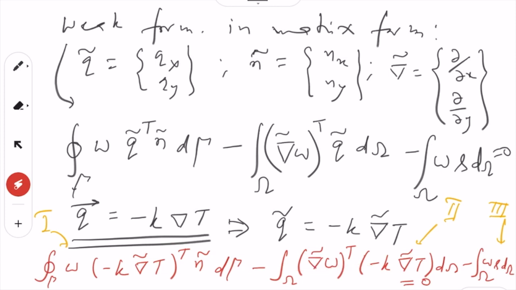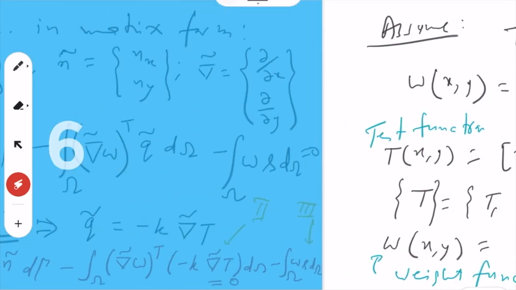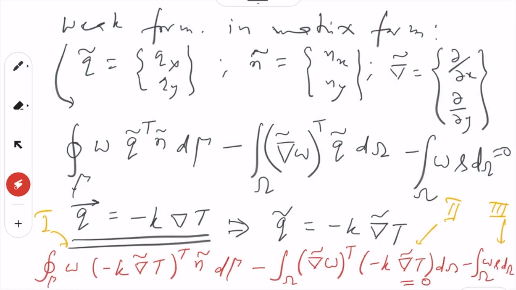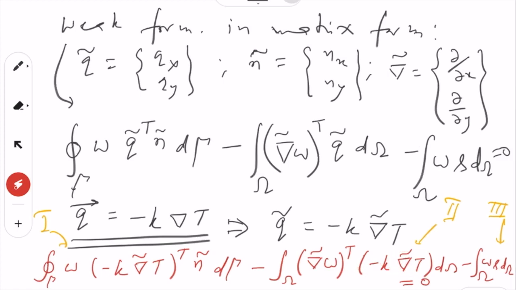So what we can do here is minus plus. The second term becomes plus because of this minus. We have just this transpose multiplied by this, where k will be outside.